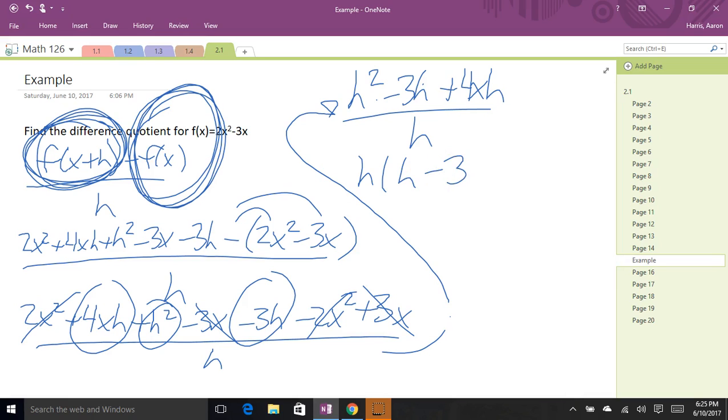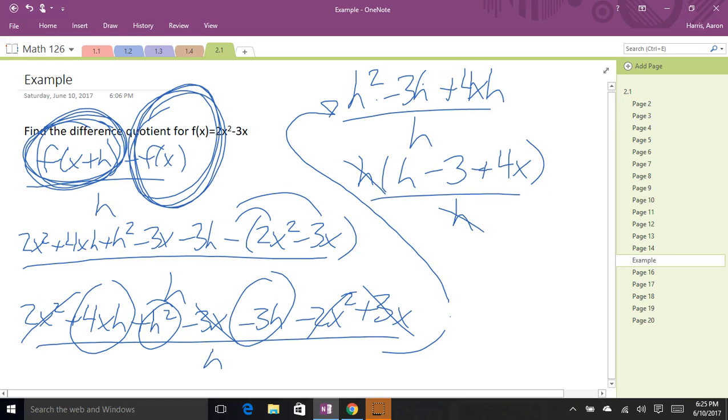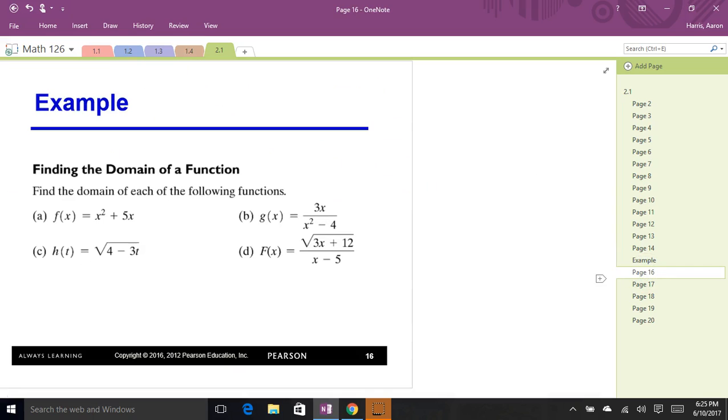So h is left times h minus 3 plus 4x. This is all over h. And I do that so I can simplify and cancel out that h. So I'm left with my difference quotient simplifying to that right there. h minus 3 plus 4x. That's my difference quotient. Alright, let's talk about our domain here.